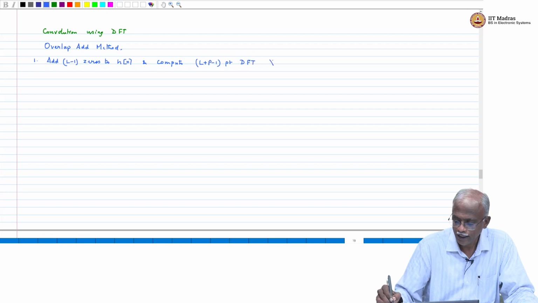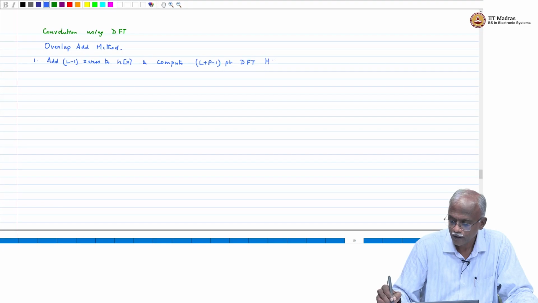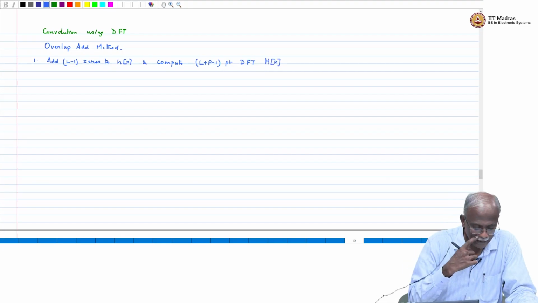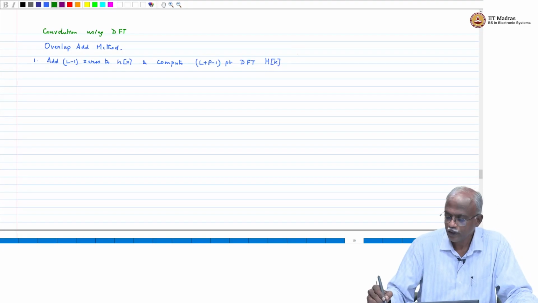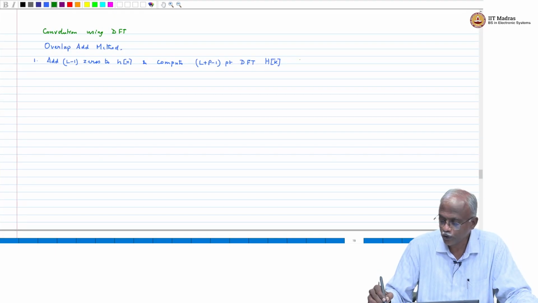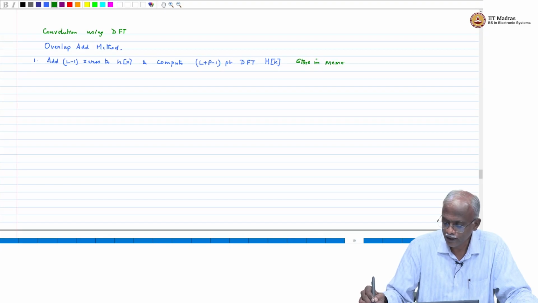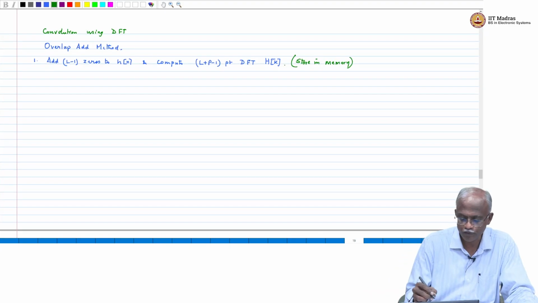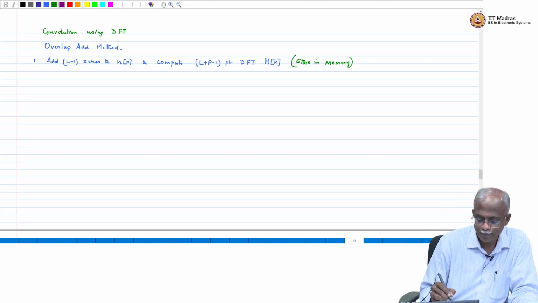We'll call that H of k. Okay, and this we store, because every step that we are going to store in memory. Every step we are going to use the same filter, so all the time we are going to recall this from memory.